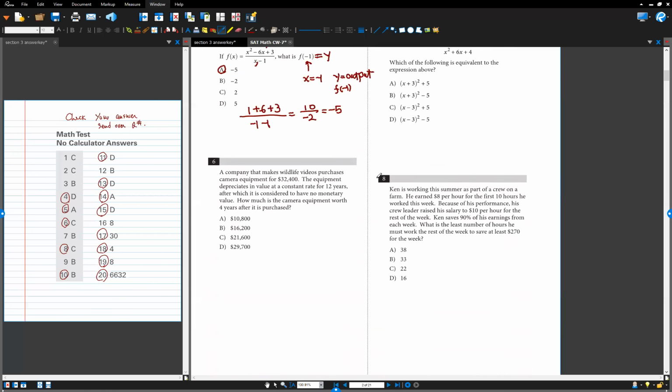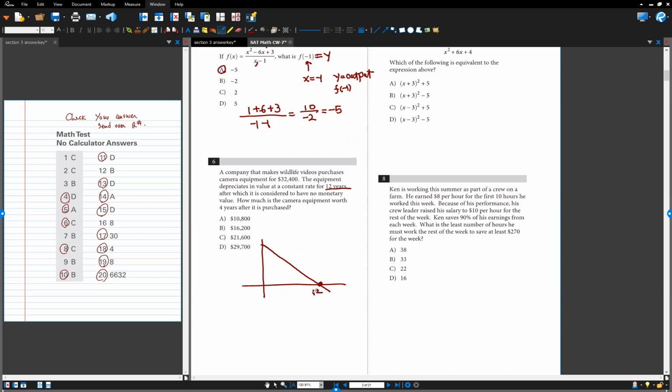All right, number 6. The camera equipment costs 32,400. The equipment depreciates, the price is going down over some years at a constant rate, 12 years, after which it is considered to have no value anymore.